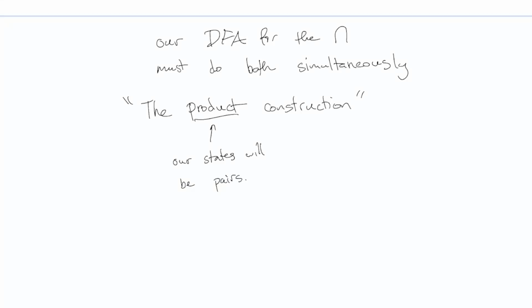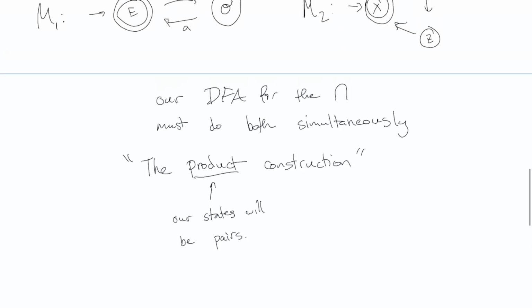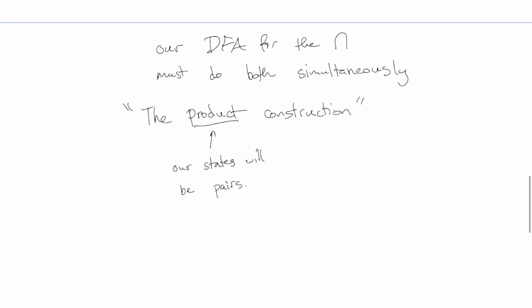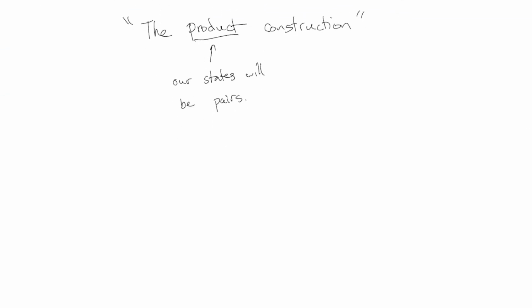That's how this works. All right. So the original states are E and O on the left side and X, Y, Z on the right side. The machine that I'm going to write has 6 states made up of all possible pairs. And you can write these down however you like. Maybe I will do it, say, E comma X, that's one pair.